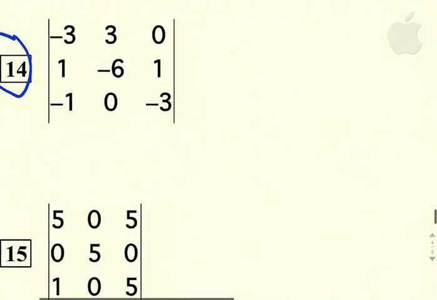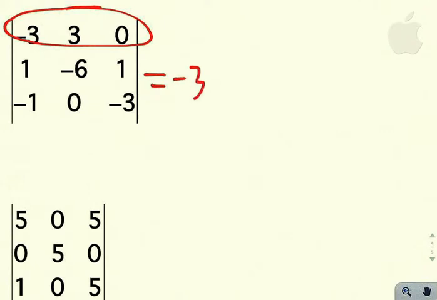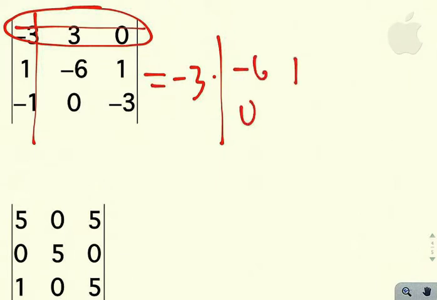Number 14. We're going to use this time this row. So that would be minus 3 times minus 6, 1, 0, negative 3.